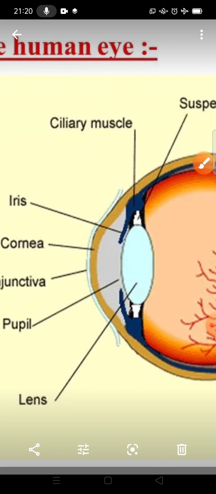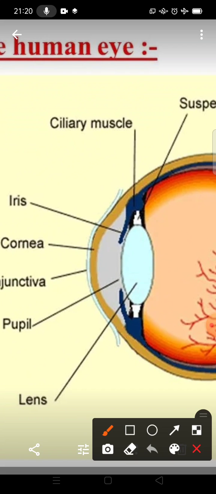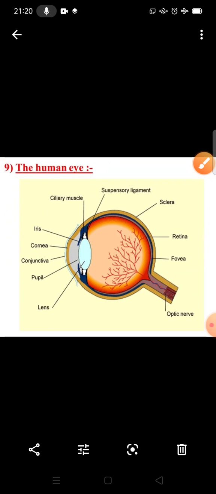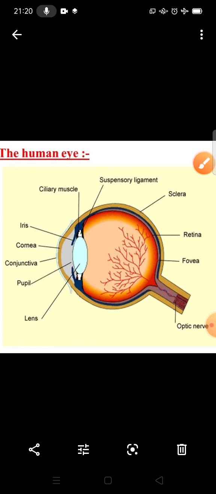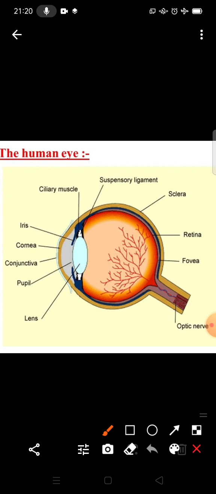You can see this lens. Now what is the function of this lens, and what type of lens is present in the human eye? Which type of lens is present in the human eye? Convex.